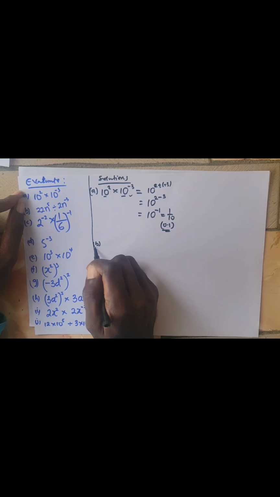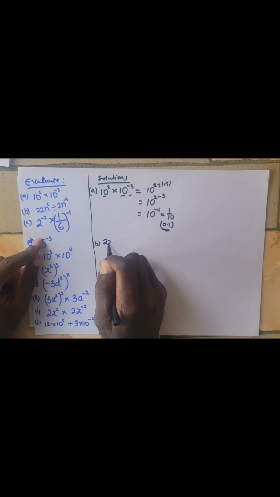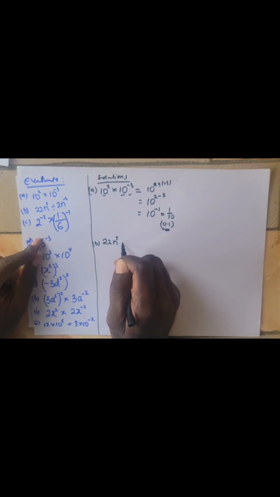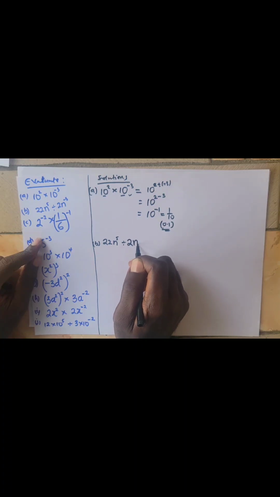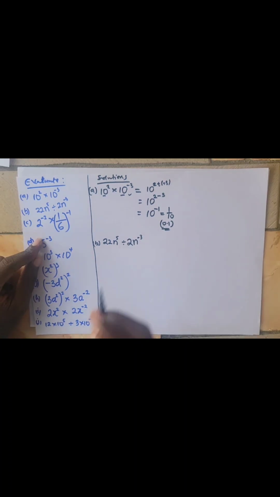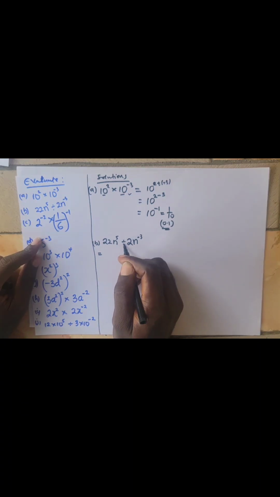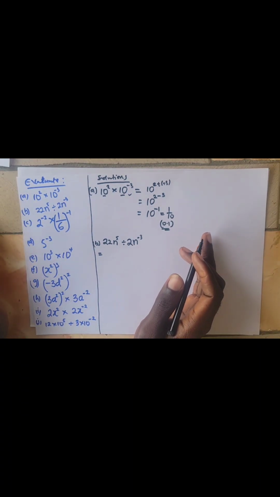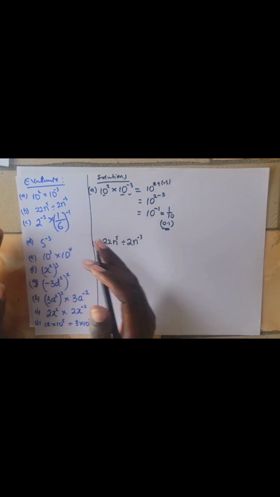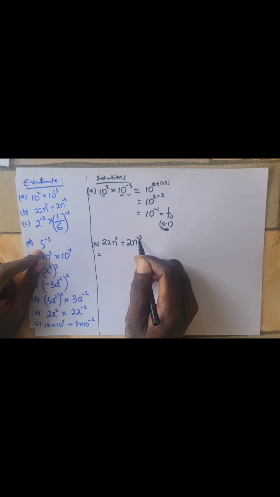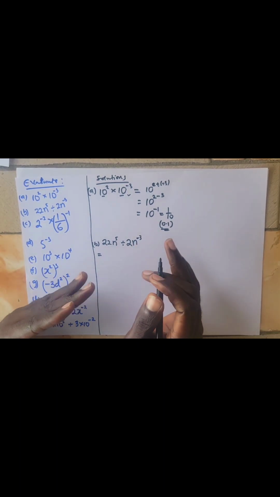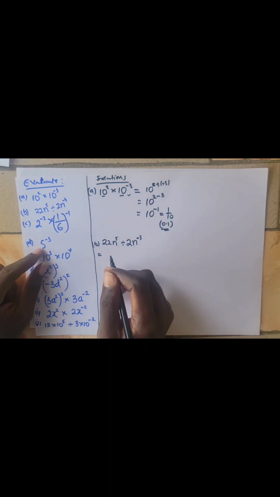The second one, 22n raised to the power 5 divided by 2n raised to the power minus 3. This is equal to. Now, in this kind of problem, we bring the like terms together. The ones with n will come together, and the ones that are just numbers will come together.